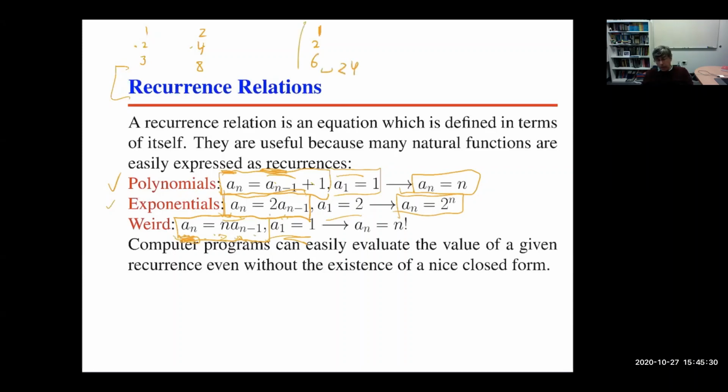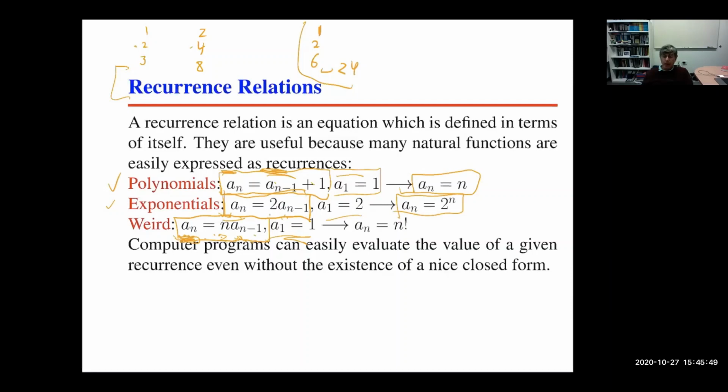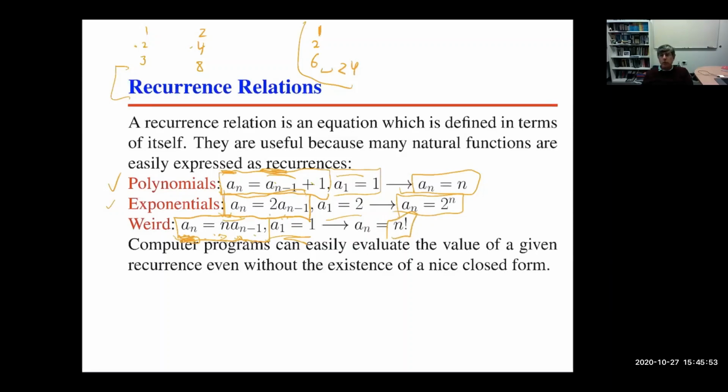Does everybody see what weird function I am generating by this recurrence relation? Does anybody see what weird function is being generated? Anybody? Factorial. N factorial. And you may say, wait a second, n factorial isn't such a weird function.